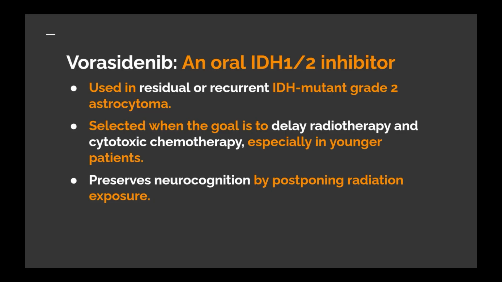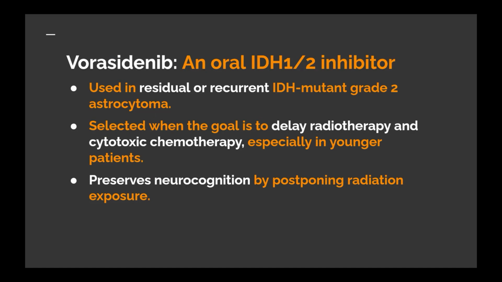Sure. So vorasidenib is an oral IDH1 and 2 inhibitor. It is the first of its kind that can cross the blood-brain barrier, and we use it when there is some residual tumor or when there is recurrence and the tumor is not grossly symptomatic, and we are choosing to hold the radiation for some reason.